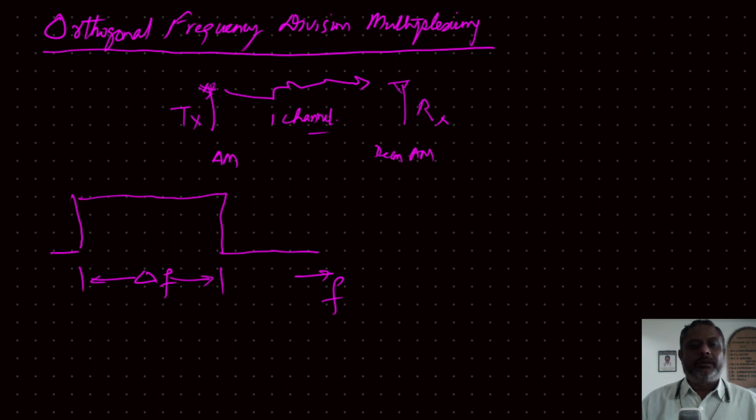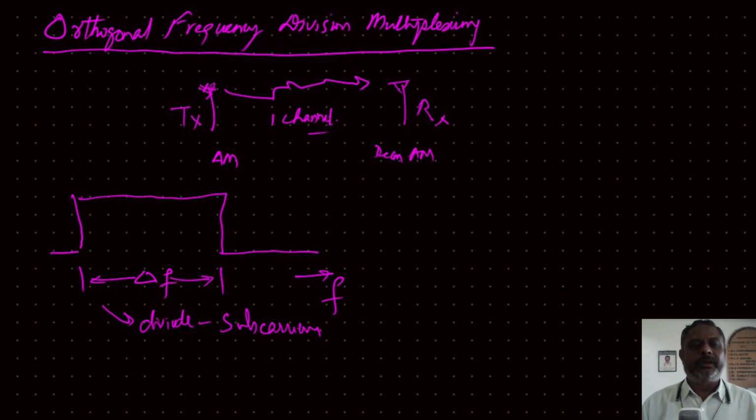Now there is another way of increasing the throughput. Instead of using one carrier, we can divide this into subcarriers.